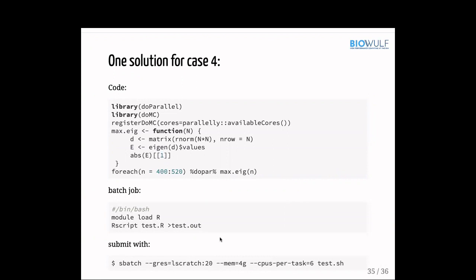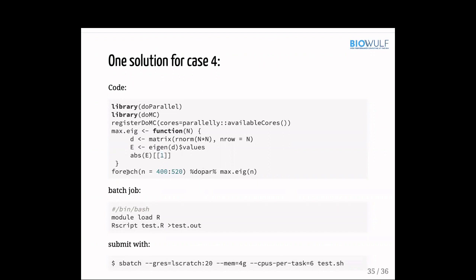Okay, so here's just one solution. You have multiple ways to do our job, right? So as you caught, the parallel detectCores should be replaced by parallelly availableCores. Otherwise, you will detect all the physical CPUs there, and it will cause overloading.